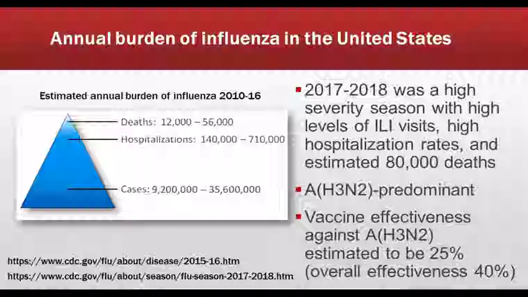If you look at the burden of influenza in the United States, the CDC looked at the years 2010 through 2016, shown on the left, and there's a range. The severity of flu seasons varies year to year based on the specific types circulating, whether we've seen them before, the match between the strains in the vaccine and the types that are circulating, and the difference between the different types themselves in terms of the severity of the disease they cause.